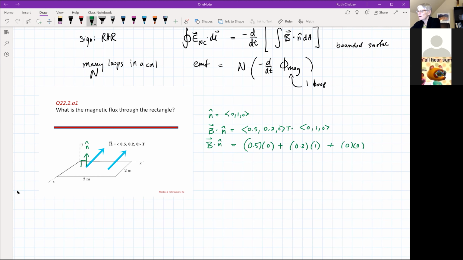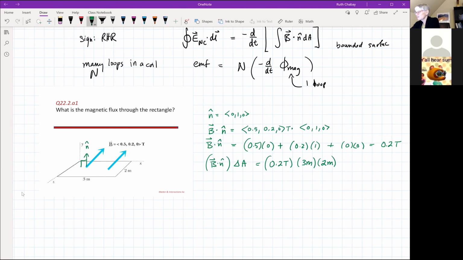So that's just B dot n hat. And now B dot n hat times the area is going to be 0.2 Tesla times 3 meters times 2 meters.